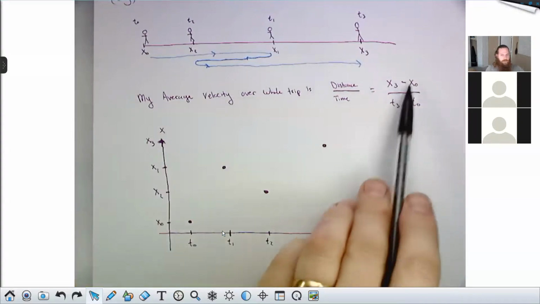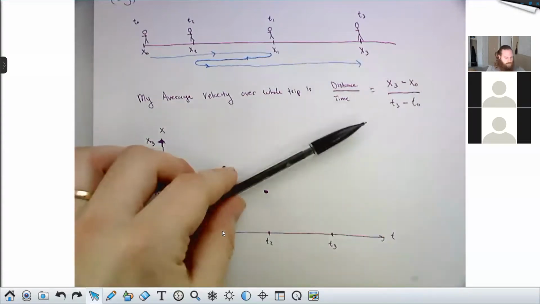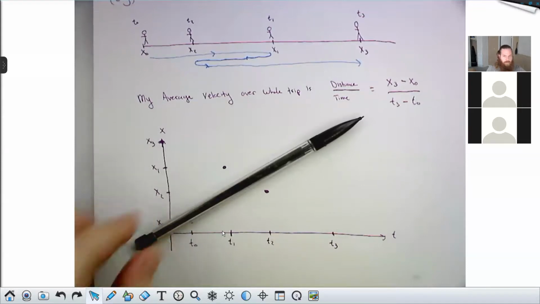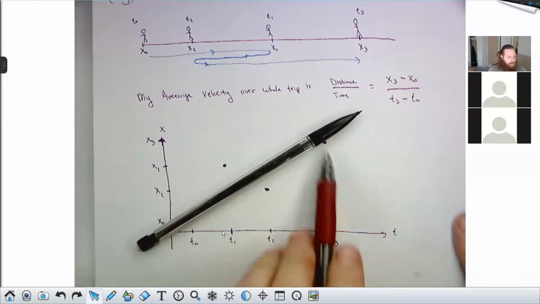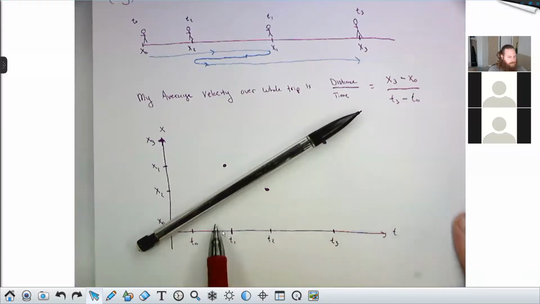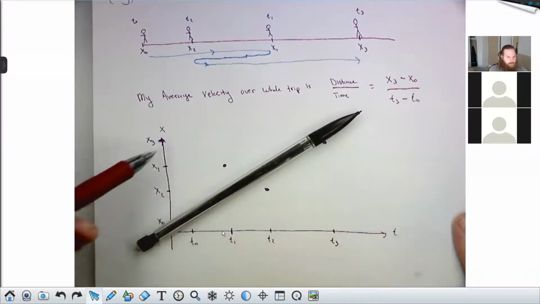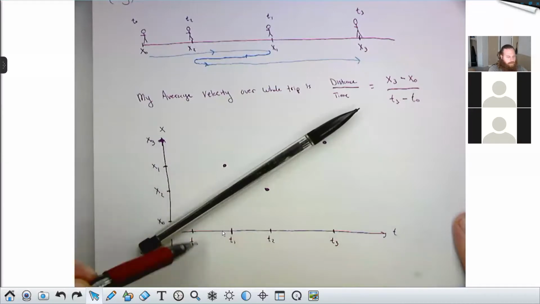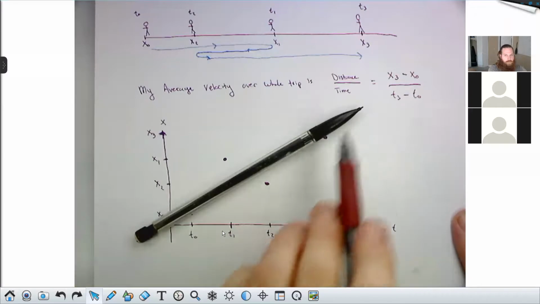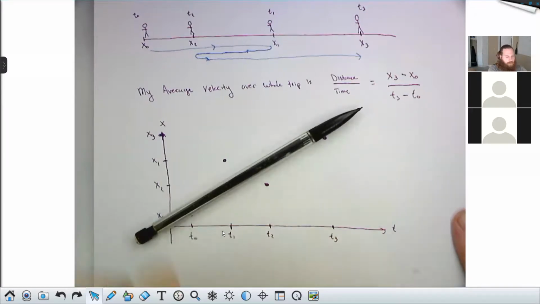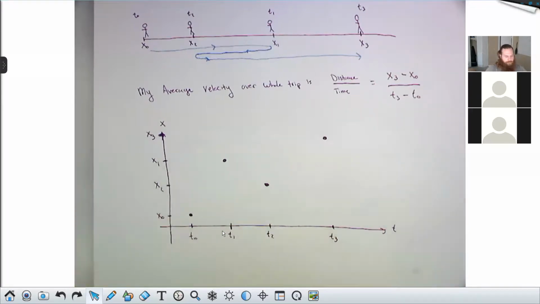So this ratio, which is the rise, x3 minus x0, this vertical distance, divided by this run, that's this slope, and that would be my average speed over the whole trip.